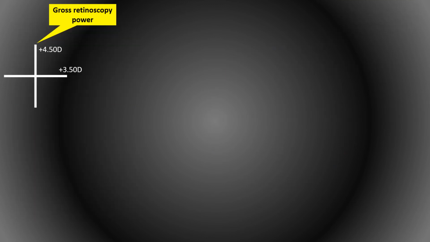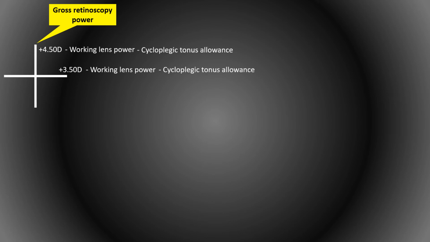Now I'll tell you how to get net retinoscopy power from gross retinoscopy power. For that, deduct the working lens power and cycloplegic tonus allowance, if used, from the gross retinoscopy power. As I initially mentioned, for this whole video I am taking a working distance of 66 cm, for which the working lens power will be plus 1.5 diopter.